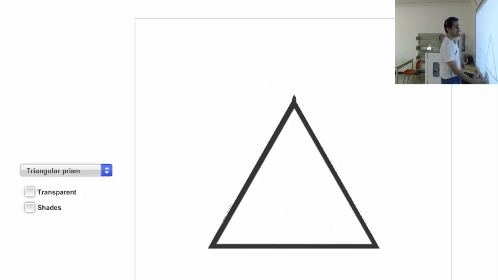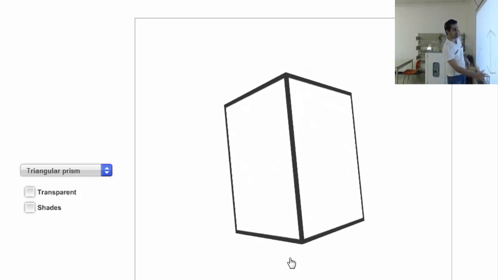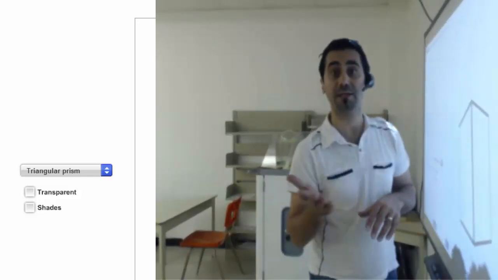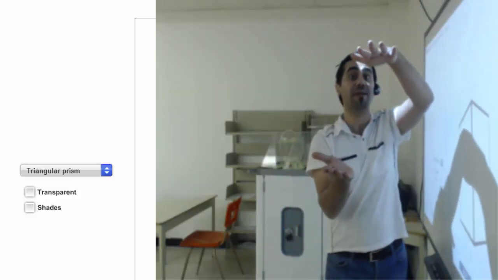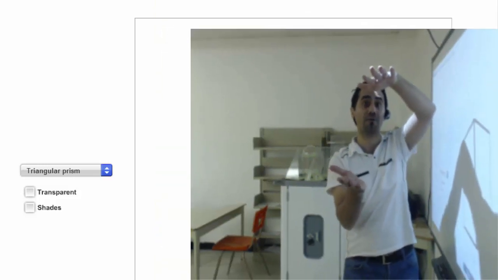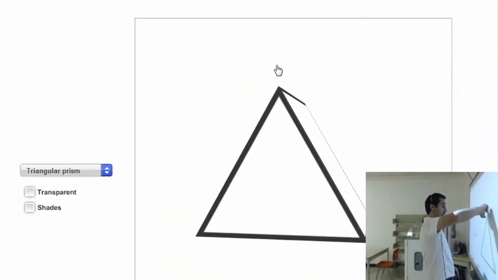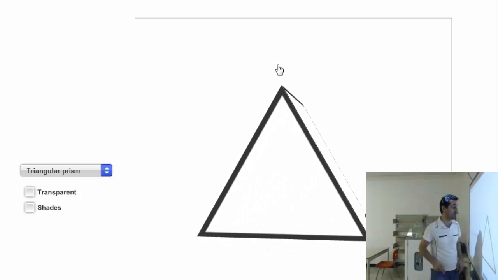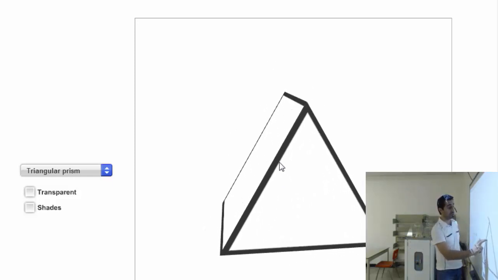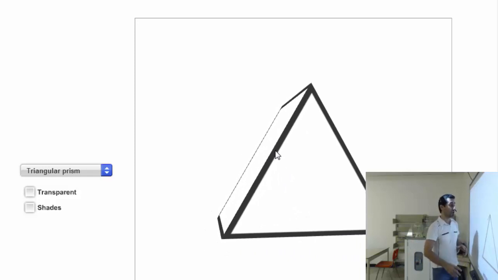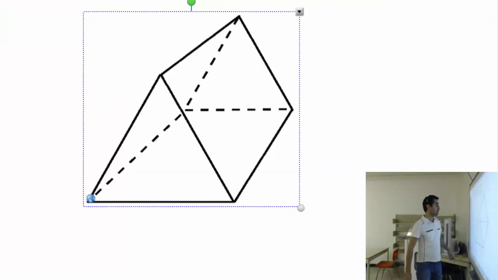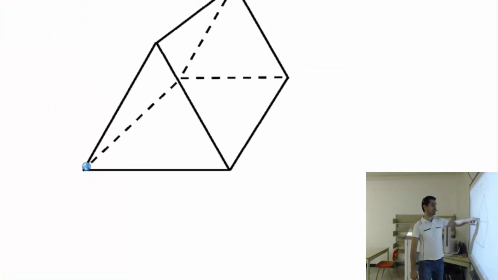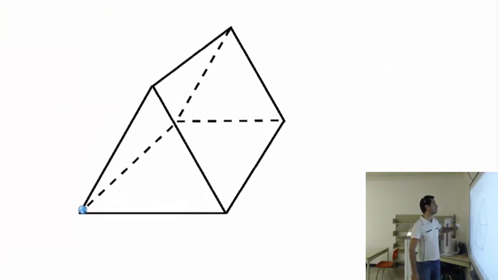If you place it on the top of the table, on the base you have a triangle, and on the top you also have a triangle. When it comes to calculating the area of the base or the perimeter of the base, you will need both of them. So you know that you are dealing with a triangle. So let's go back to our page here. So this is the triangular prism.